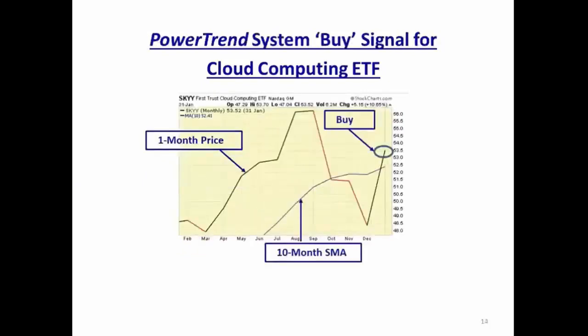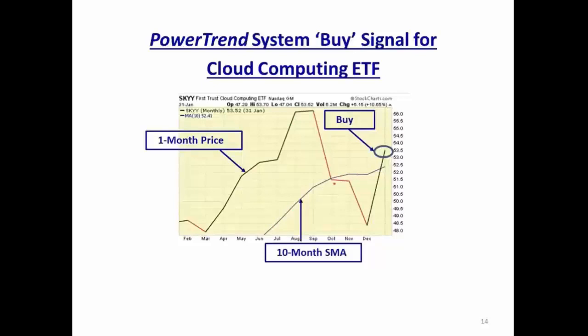So let's look at the more recent price movement for the cloud computing ETF, and this is over a shorter time frame. You can see this black and red line is the 1-month price. The 10-month simple moving average is this blue line right here.